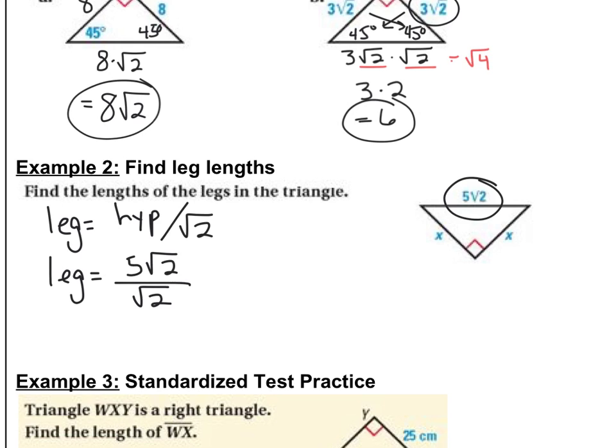The nice thing about this is as long as I have a similar factor in both the numerator and denominator, they will cancel out, and therefore the leg in this case will just simply be equal to 5. So this x would equal 5, and this x would equal 5. Okay?